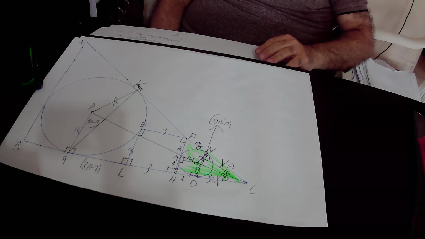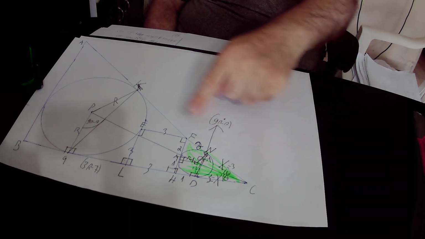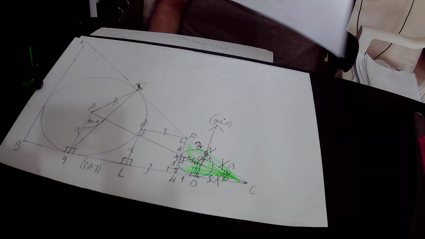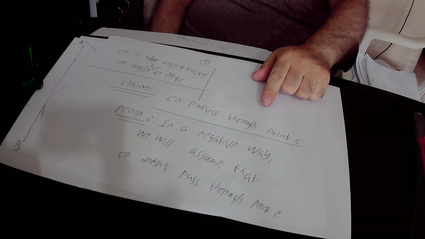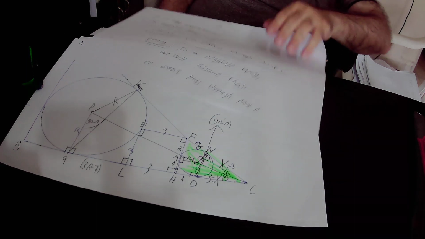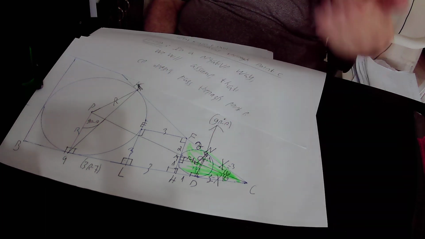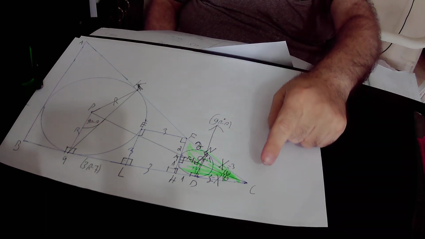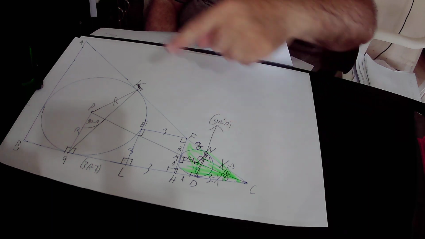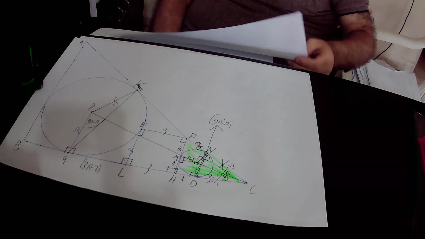And then we proved that CO passes through point P. Our claim is that the angle bisector CO passes through point P. Or in other words, points C, O, and P are all located on the same straight line.